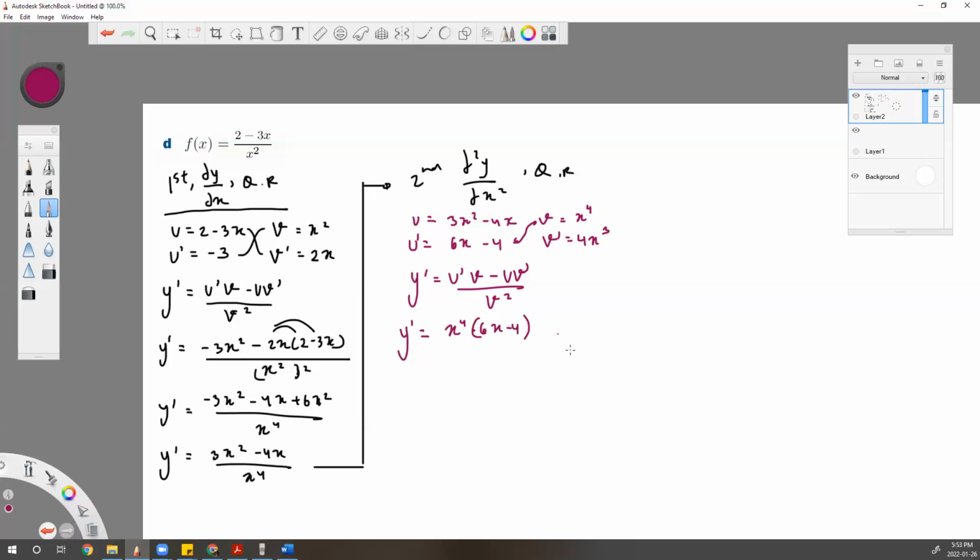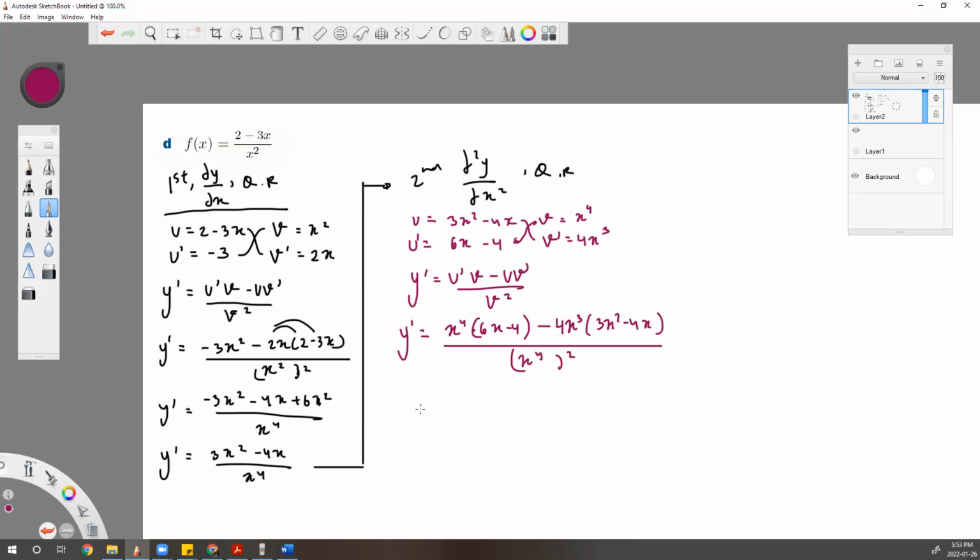Put the bracket, because you have to multiply everything later on. Subtract. Here, I put the v' in front because it's simpler to write. 3x squared minus 4x over v squared.